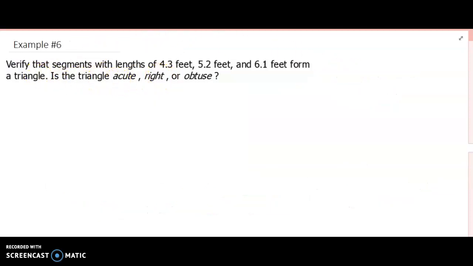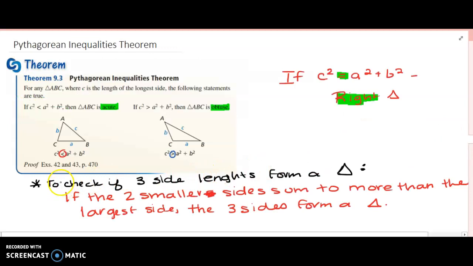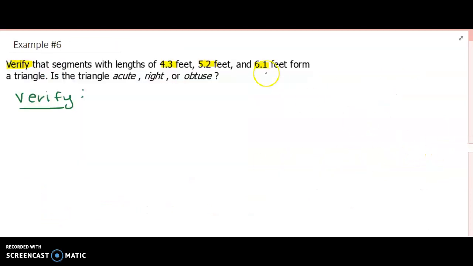All right, it says first we want to verify that the segments with 4.3 feet, 5.2, and 6.1 form a triangle. So in order to verify it, I want to show that the two smaller sides add up to more than the bigger side. So I'm going to take the two smaller sides, which is 4.3 and 5.2.